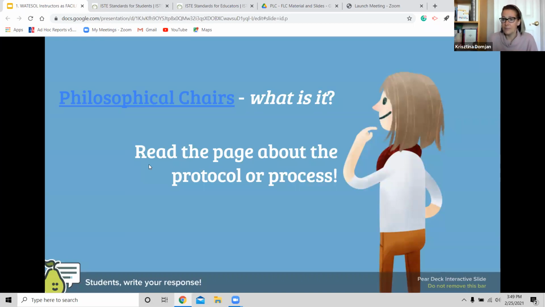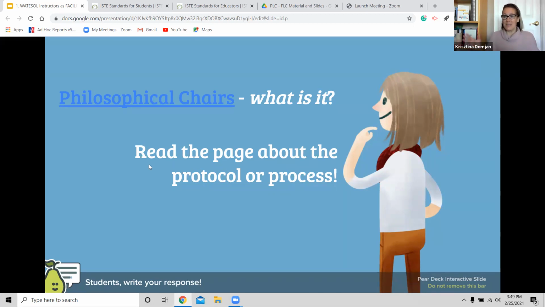For example, I like to use philosophical chairs as one strategy for discussions. And again, it can be in person or online, it doesn't matter.